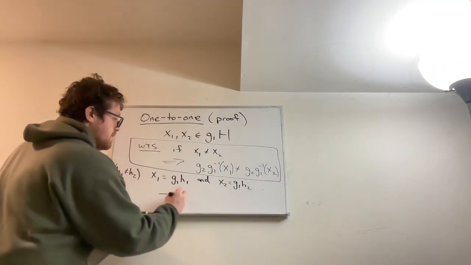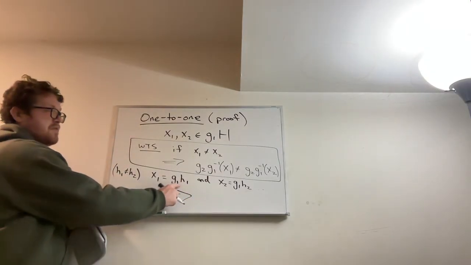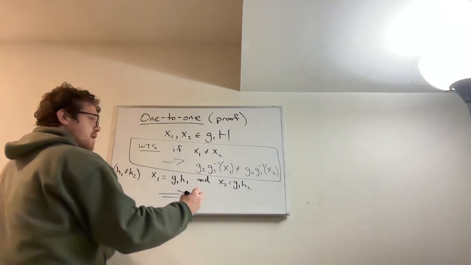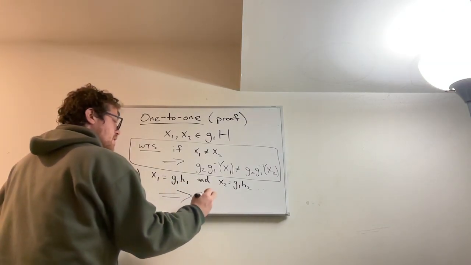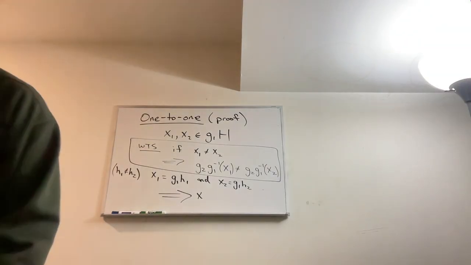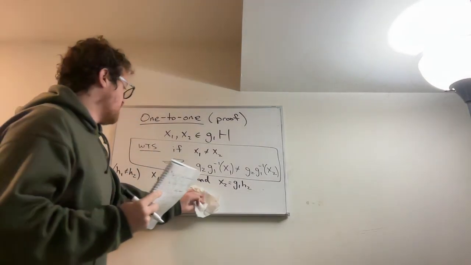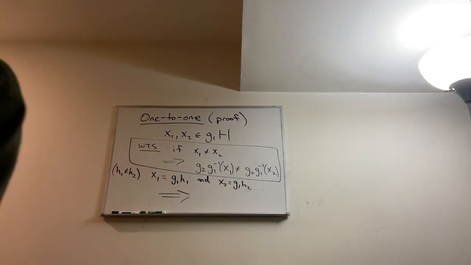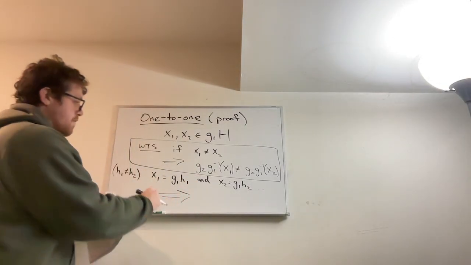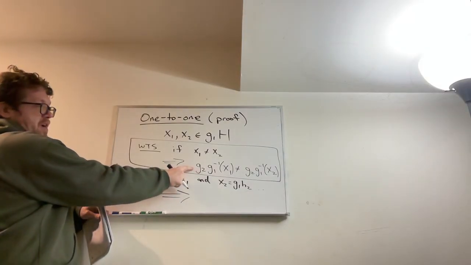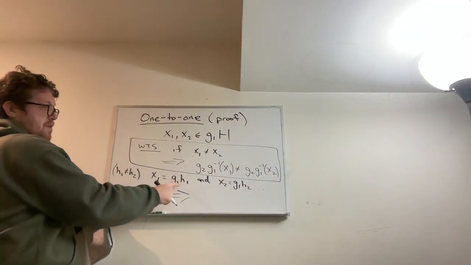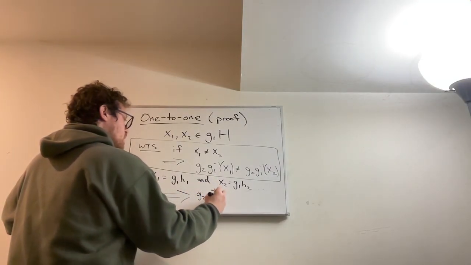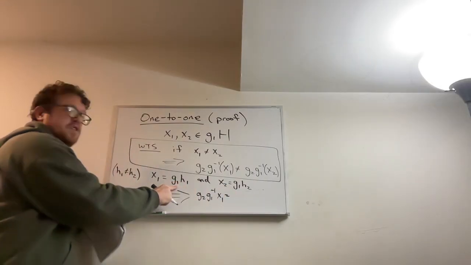If I multiply on the left by this G2 G1 inverse, the G1s cancel.